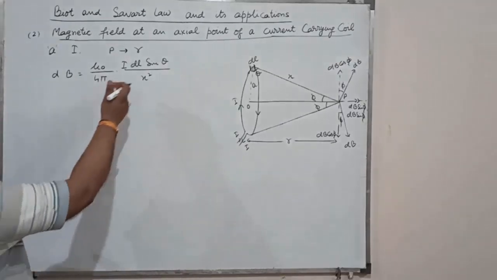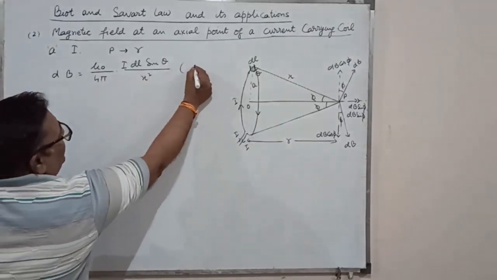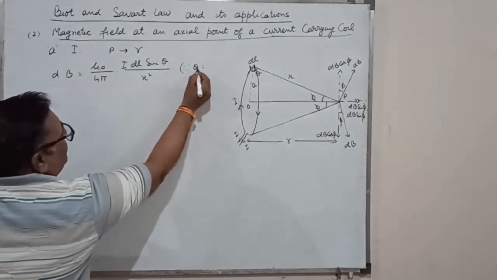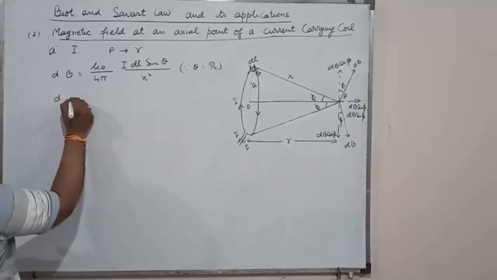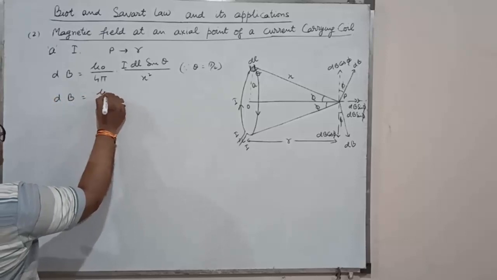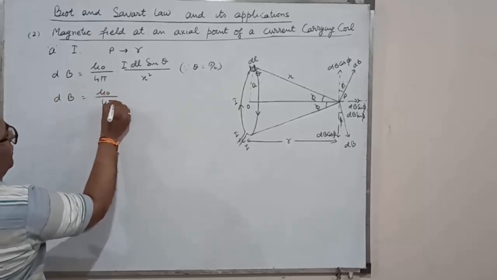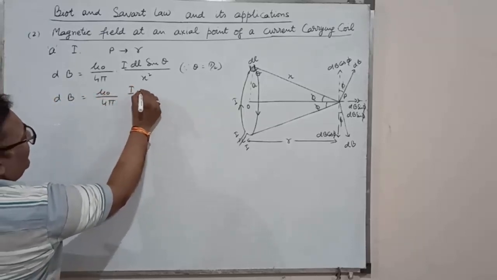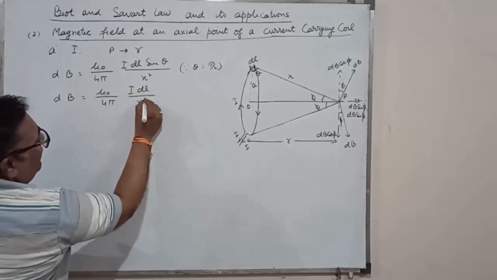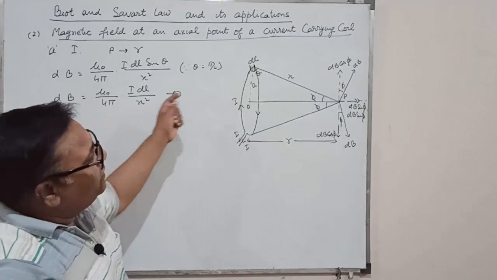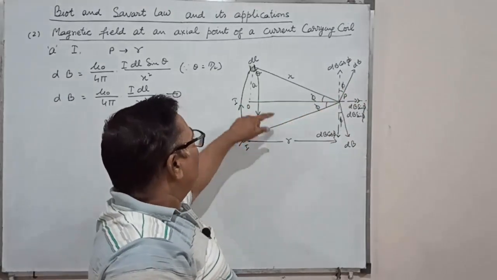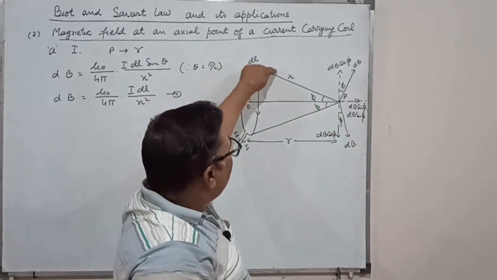क्लियर? और देयरफॉर थीटा इज इक्वल टू पाई बाई 2. The expression dB is equal to mu 0 upon 4 pi I dl upon x square. This is equation 1, and the direction of dB is perpendicular to dl and r.